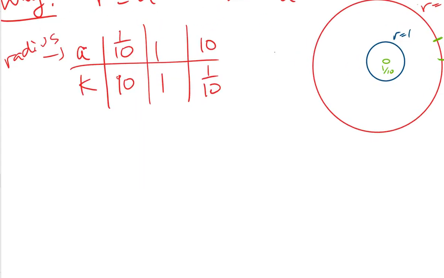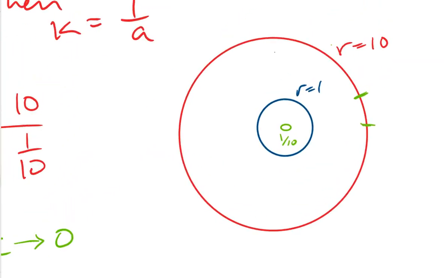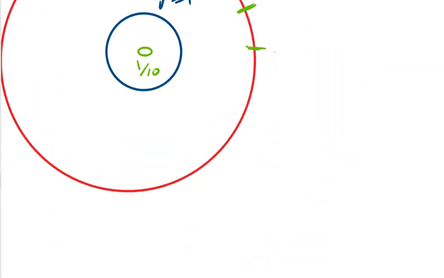So here's a little fact: as r goes to infinity, the curvature goes to 0. And remember, a line has curvature equal to 0. So if you make the circle really, really big, it gets closer and closer to a line.